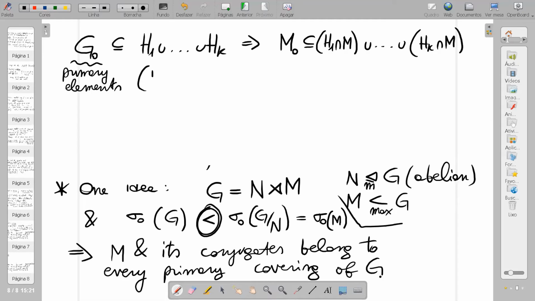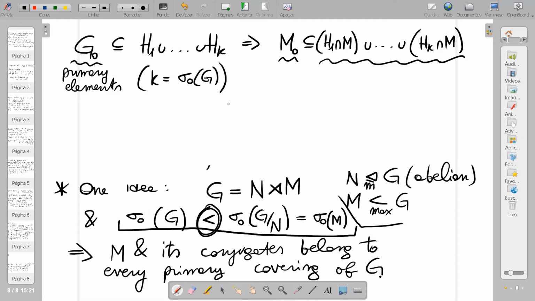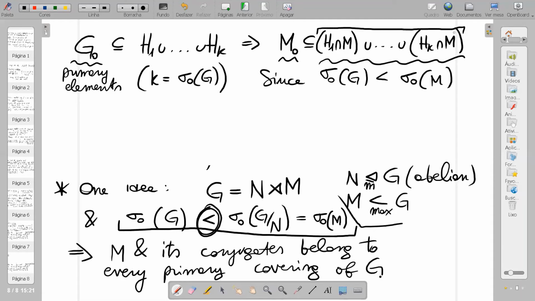Here K is exactly the sigma 0 of G. So this inclusion will contradict the strict inequality, since sigma 0 of G is strictly less than sigma 0 of N, M0 cannot be covered by K proper subgroups of N. So essentially this means that there exists one of the I's such that HI intersection M must be equal to N, I mean, cannot be a proper subgroup of N.